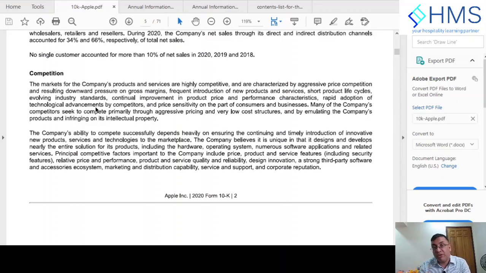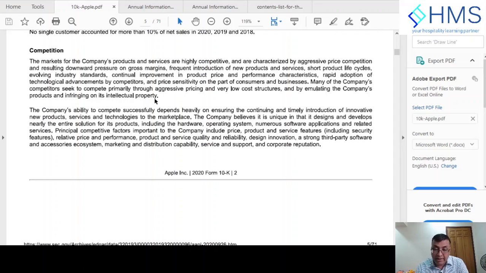They have to be launching a new product every now and then, and you will have to see the price sensitivity on the part of the customer and the business. Many of the competitors seek to compete primarily through aggressive pricing and very low cost structures by imitating the company's products and infringing its intellectual property.